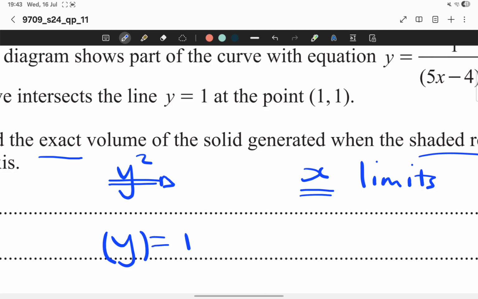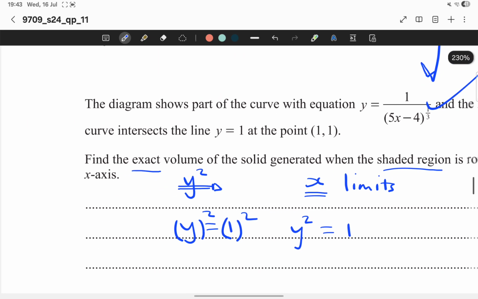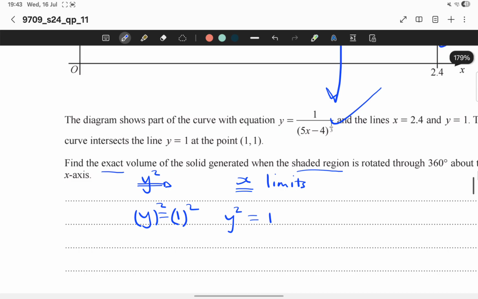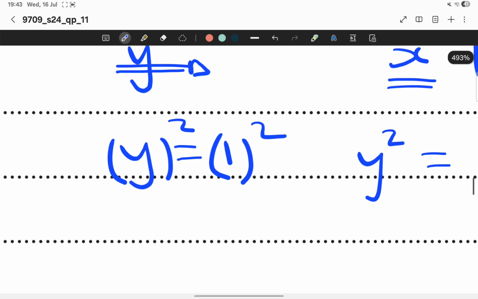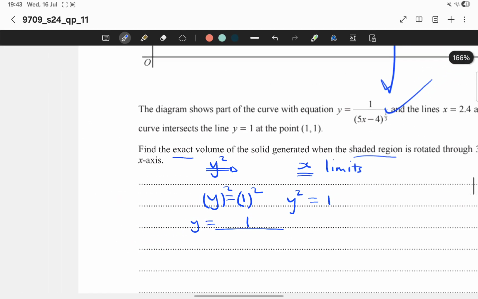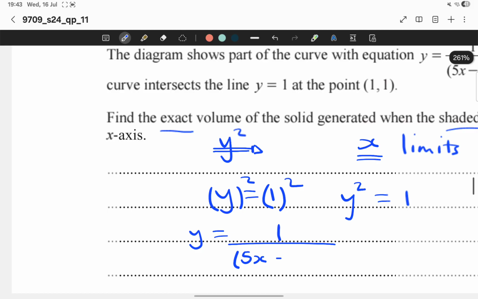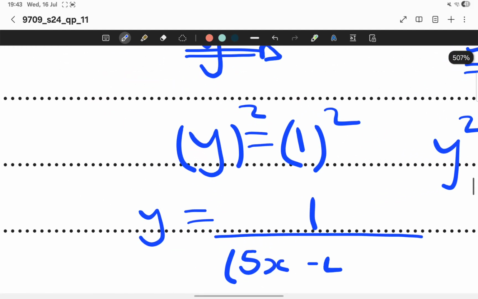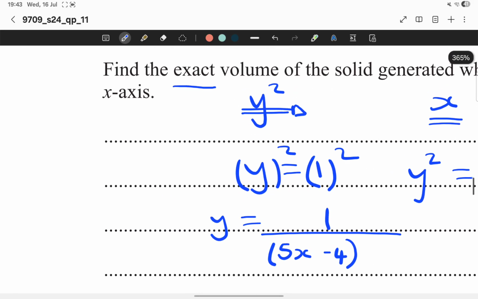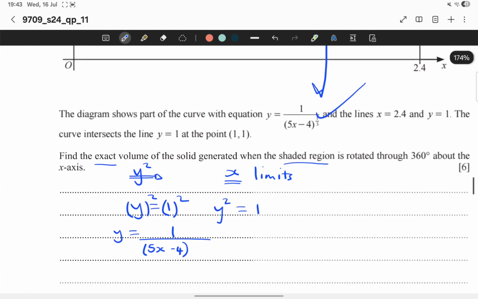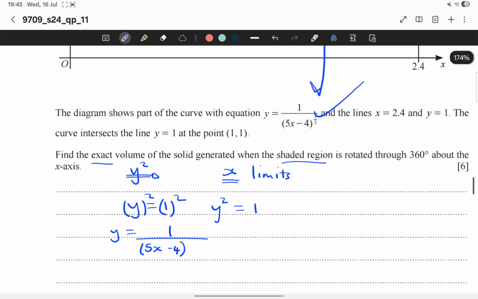So we have y equals 1. To get y squared, we square both sides, so y squared is equal to 1. Then for our curve, y equals 1 over (5x minus 4) to the power a third.